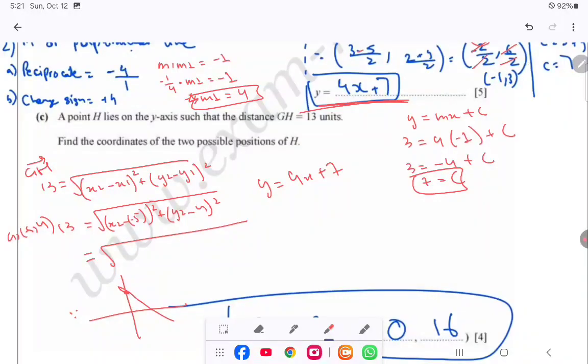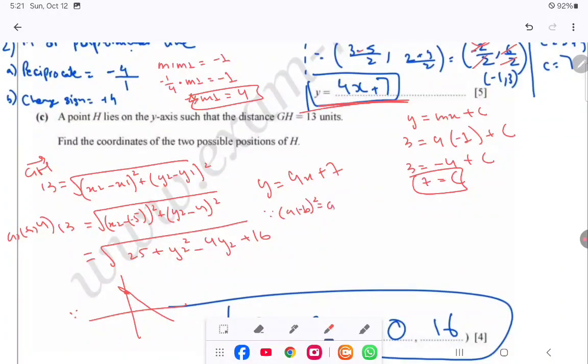Negative negative positive, 5 square will be 25, plus y2 square minus 4 y2 plus 16.